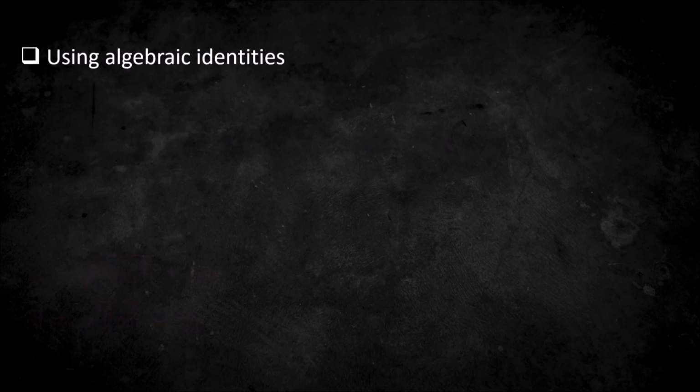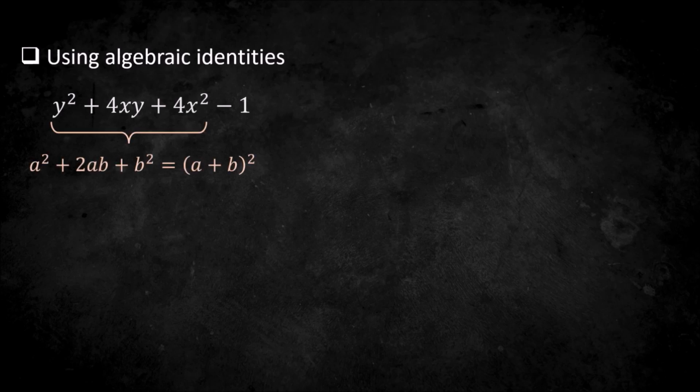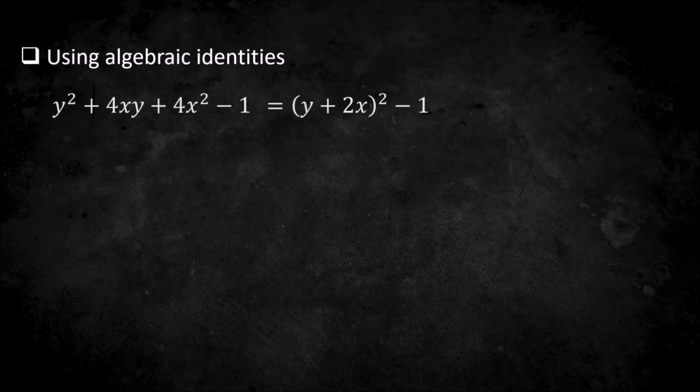Sometimes, a combination of methods may be needed to factorize the expression completely. In this example, we need to use the first identity, followed by the third identity to factorize the expression completely.